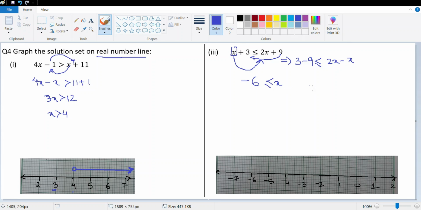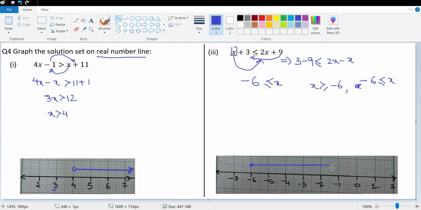So basically what it means is x is more than or equal to negative 6, or negative 6 is less than or equal to x, which means my solution set has negative 6 included. Since it's a less than or equal to, it means a filled circle, and x is more than negative 6, which means any number on the right hand side is a solution.